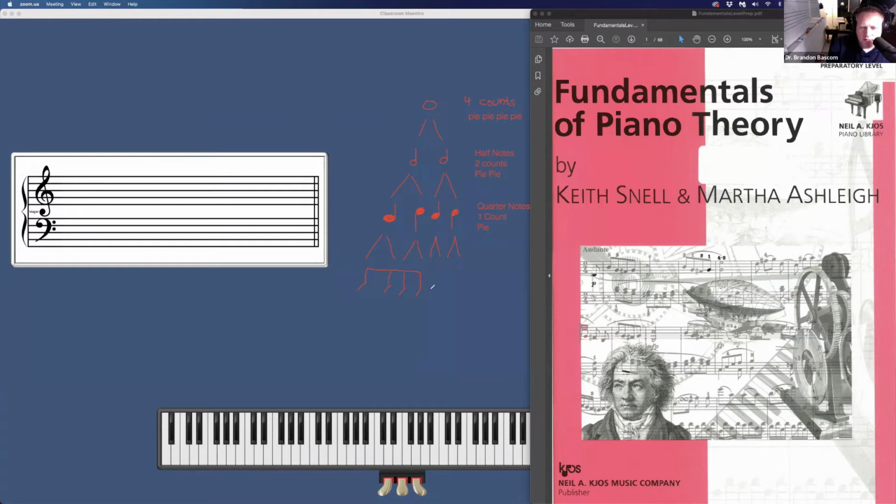You can see them in groups of 2s. You can see them all by themselves or all by themselves upside down. And these are eighth notes. They get 1/2 of a count, and I count them by saying apple. So this is our note tree.